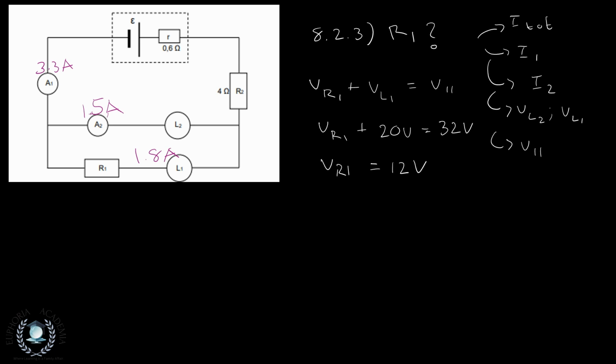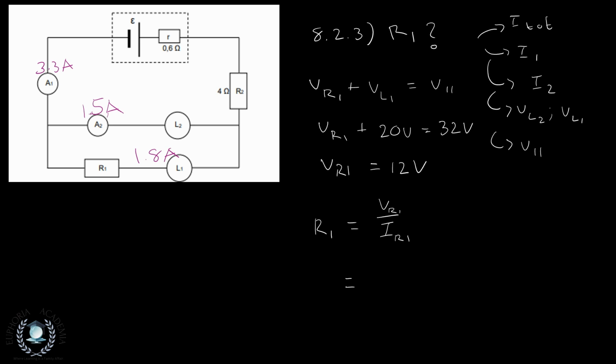Now we were told to find the resistance. We know the current already, so R1 is going to be equal to voltage over current. Let me just write the subscripts. Our current through R1 is just going to be I1.